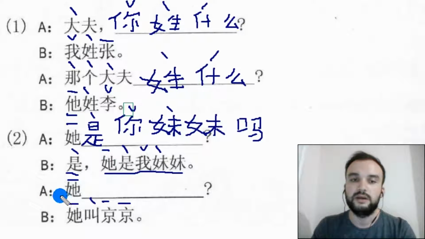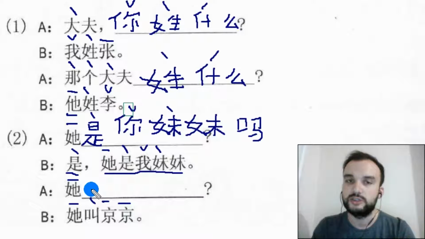And look at here. 她, again we should ask a question to her. And she answers like 她叫晶晶. Her name is Jingjing. Her name is Jingjing. So we should ask, what's her name, right? What's her name? So how can we ask? For example, what's your name? How can we ask in Chinese? 你叫什么名字? Right?